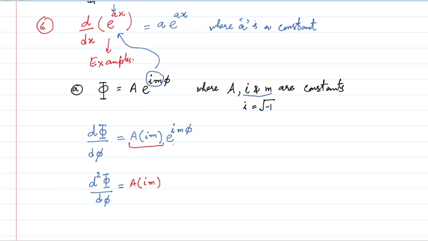Now again I have to differentiate this much, so again this is e raised power ax form, so I will write iota m and e raised power iota m phi.